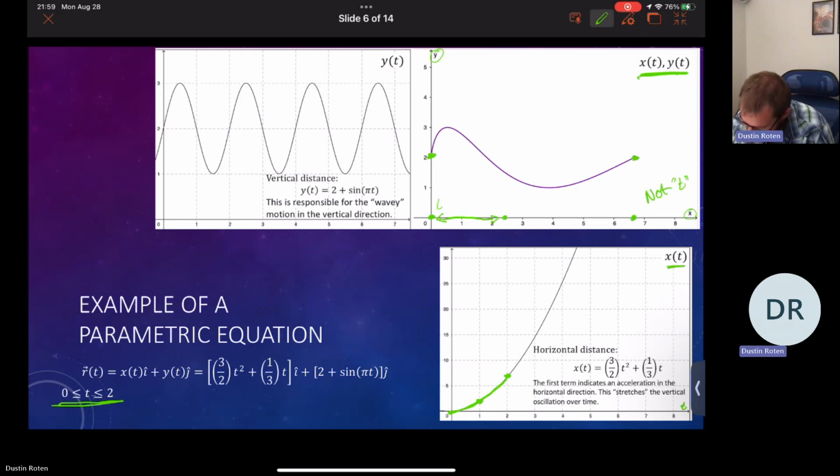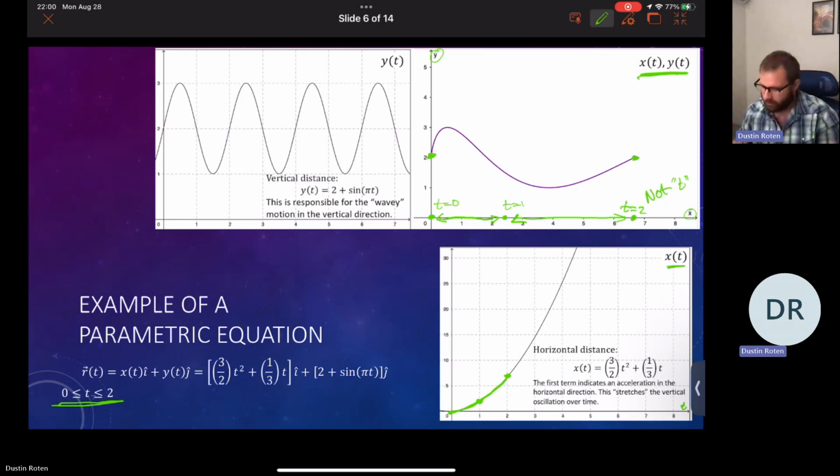So this is t equals 0, t equals 1, and then t equals 2. You'll notice that my coordinates are speeding up, they're spreading out. So if we want to look at t equals 3, that's going to be even further away.